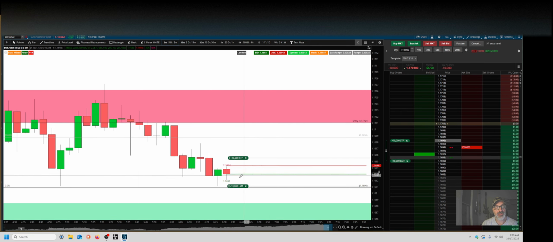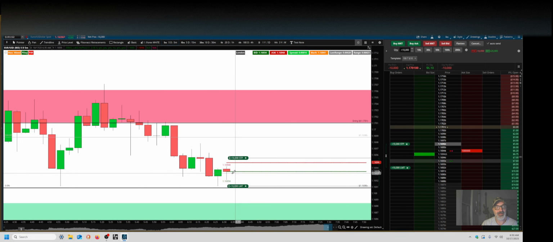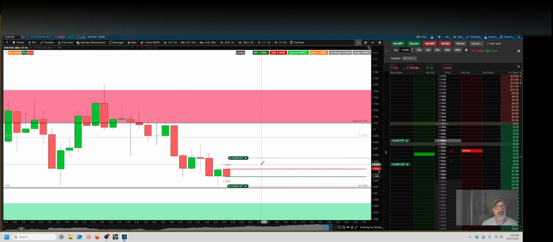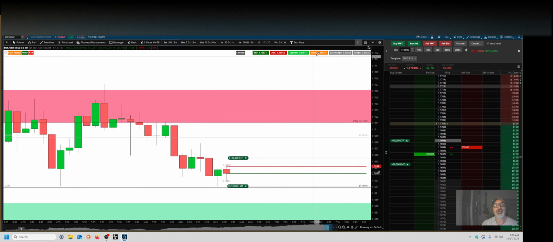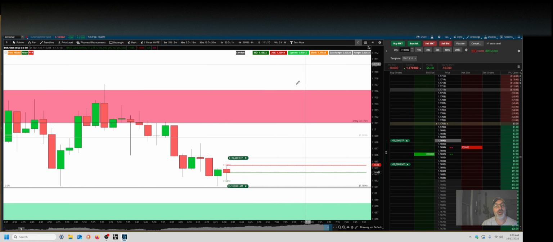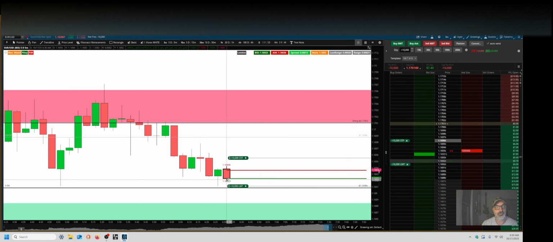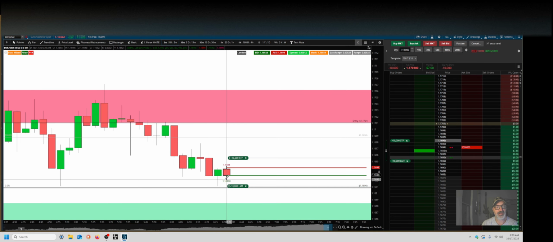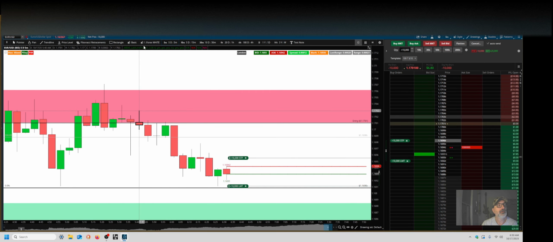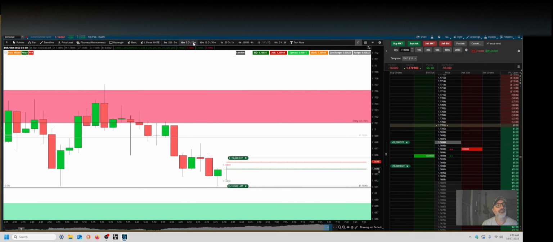Okay, because the price action is the price action, but the spread is what's going to get you. All right, that's why you want these spreads to be very, very small. Okay, so there are buyers and sellers here. Let's go back to the 15-minute.